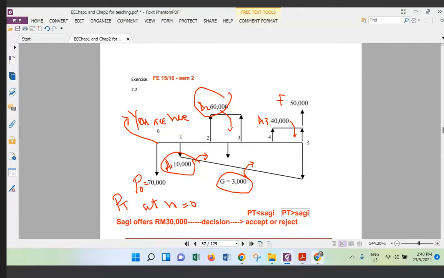Then you can reject Segi's offer, because actually you can enjoy more than 30,000. Boleh faham? Could you please explain? So your P total, if you want to, the P total we are talking about now, is it a positive P total or a negative P total? Positive.